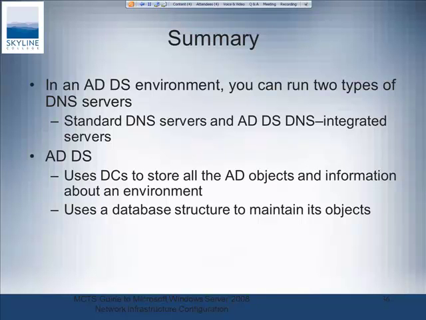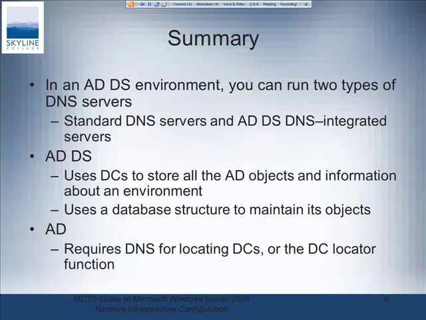Active Directory Domain Services uses domain controllers to store the Active Directory objects and information about the environment. Active Directory integrated zones are not going to be in the .dns file on the hard drive. It's going to be in Active Directory, and replication is going to be through Active Directory.